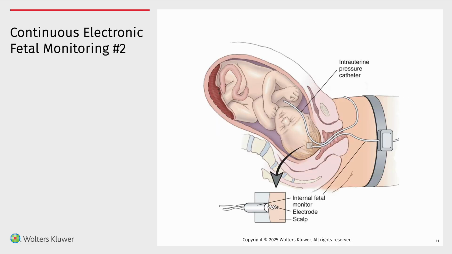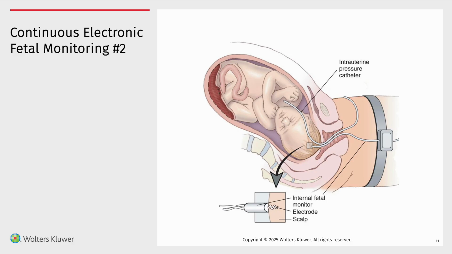Okay, so this slide includes an image illustrating internal fetal monitoring, which involves the use of two primary tools: the intrauterine pressure catheter and the fetal scalp electrode. So let's break down their purpose, why they're used, and when they're used.